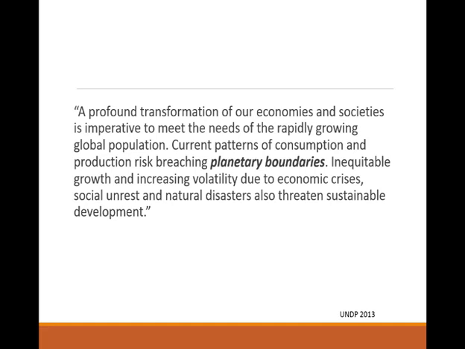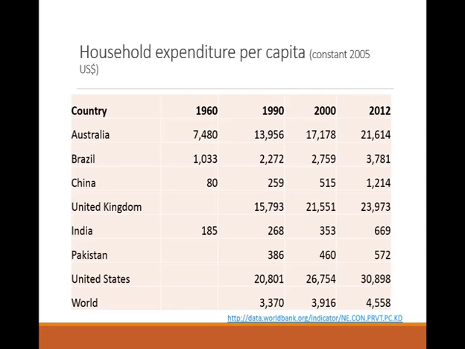So now let's look at consumption and how that's impacting on the environment. This is a measure we can use to compare countries and different years about how much we're consuming.